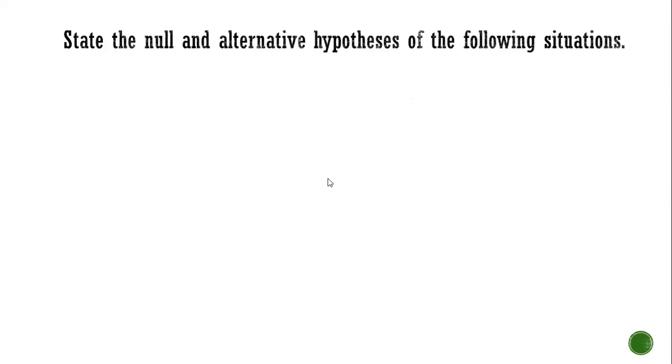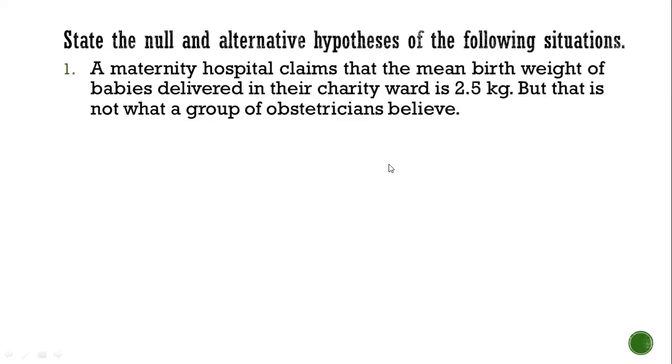So, we further understand the concepts of null and alternative hypotheses by answering, of course, our problems. O, sige, isulat lang ulit natin ha kung ano yung steps paano natin gagawin ang null and alternative hypothesis. The first step is to know ano yung parameter na ginamit doon sa situation.